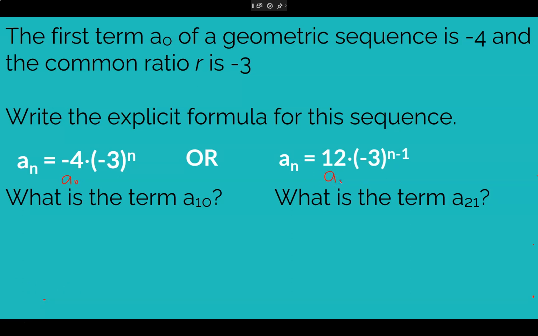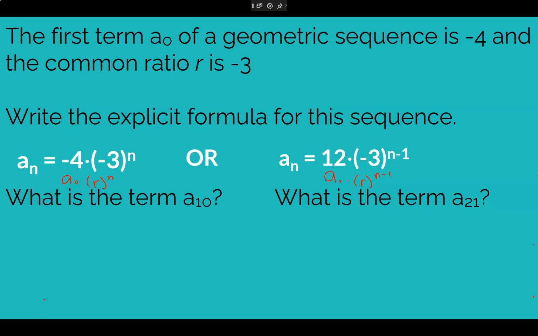Okay, so either one works. This is A0 times R to the N. This was A1 times R raised to the N minus 1. Because we had both pieces of information. Pick the one you want to use. There should be a negative 12. Nope, it's positive 12. Because my A0 was negative 4. So that times my ratio of negative 3, yeah, it makes it a positive.